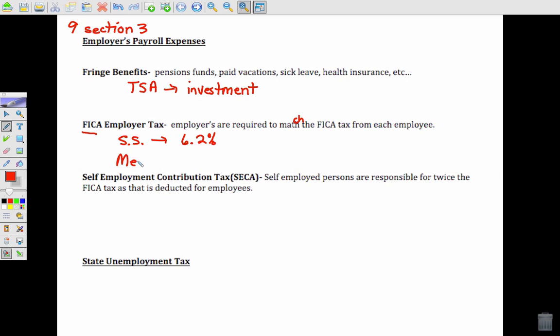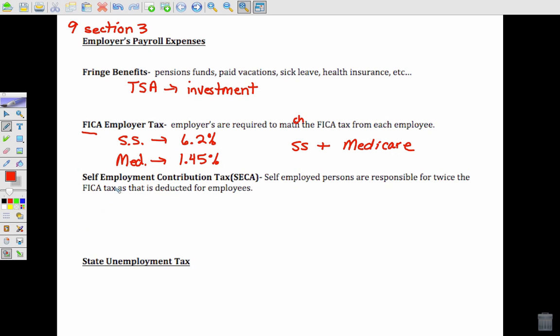Medicare is 1.45%, and we worked with these percentages in our other section. So if you pay 1.45%, your employer also has to match that. So what we know about FICA employer tax is it's Social Security plus Medicare. That would be the total contribution.